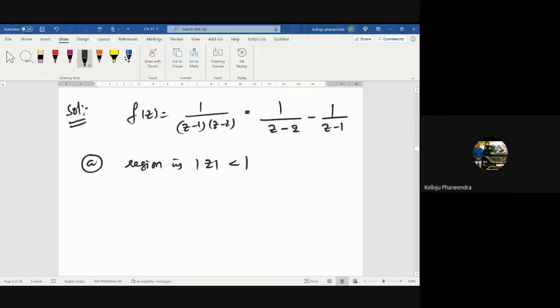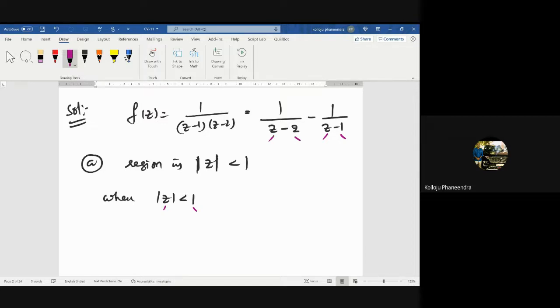Okay, catch the logic for the expansions. That is very important. Mod z less than 1 means this is the circle of convergence with radius less than 1. When mod z is less than 1, what are the related terms here? z and 1. So for the second term, there is no problem for the expansion.